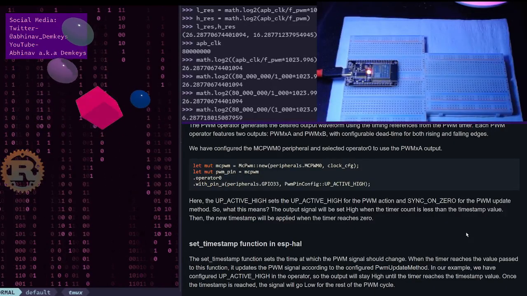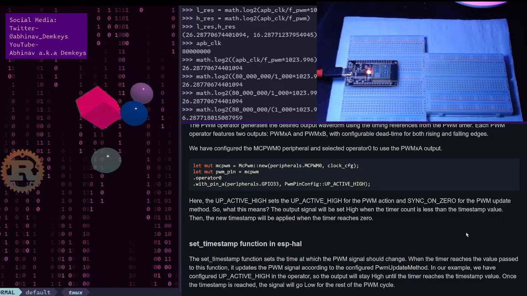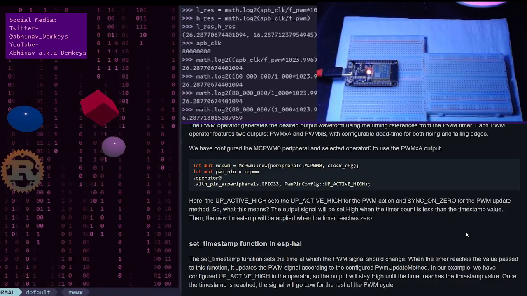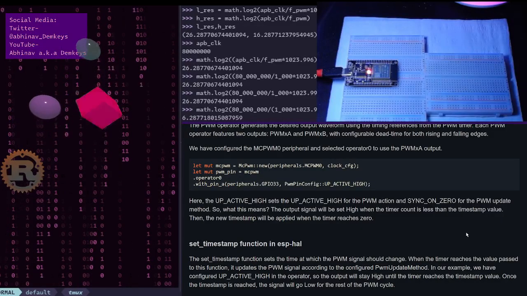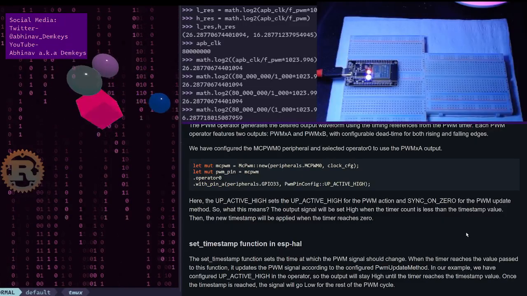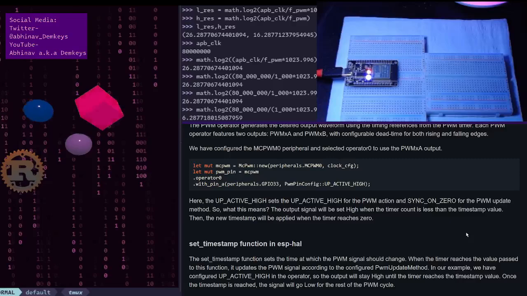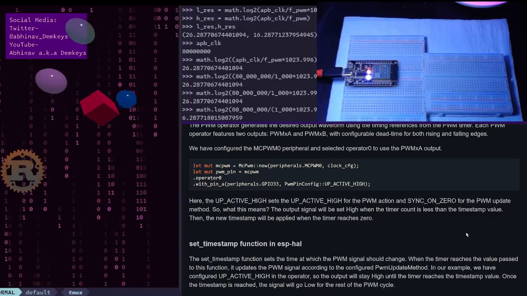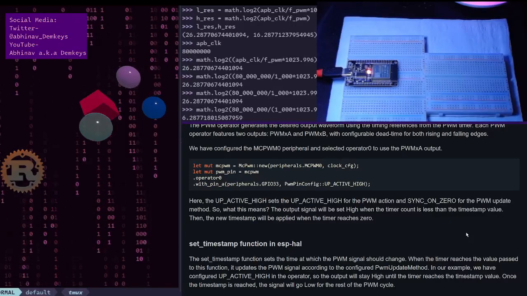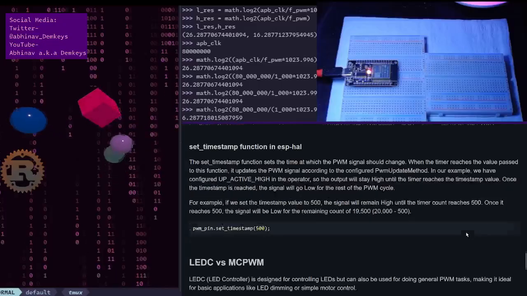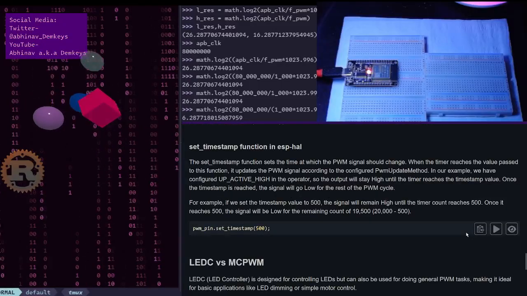So what this means, the output signal will be high when the timer count is less than the timestamp value, then the new timestamp will be applied when the timer reaches 0. I haven't fully understood what this is saying, but I'm gonna move on from that. We can come back to that later on when we are actually doing this practically.